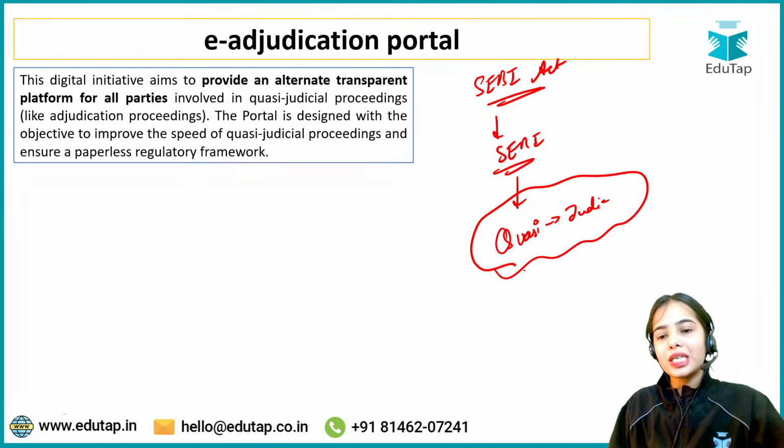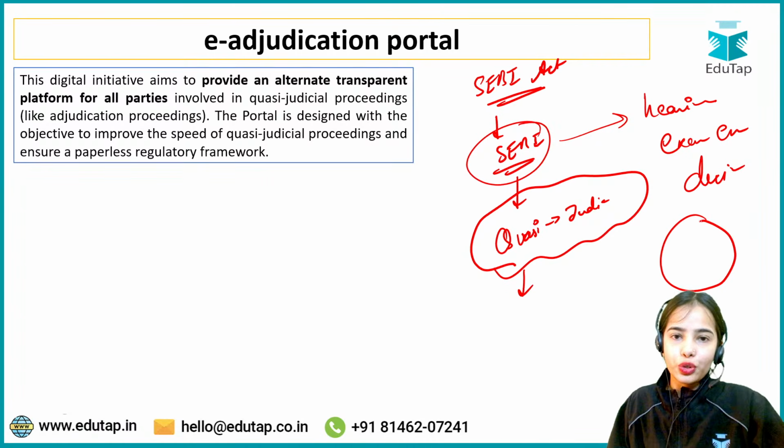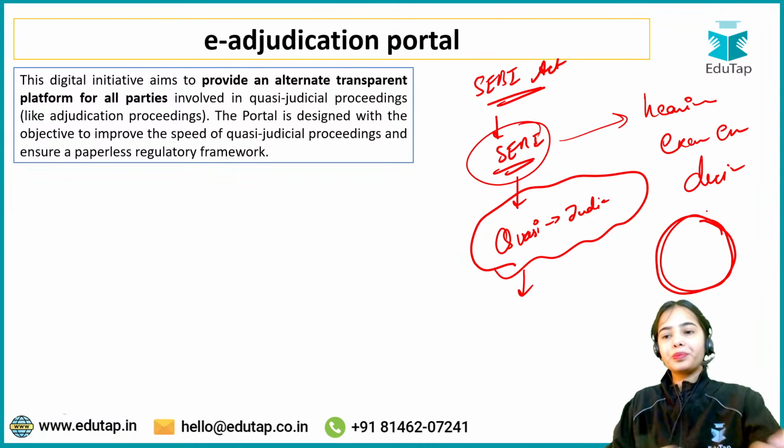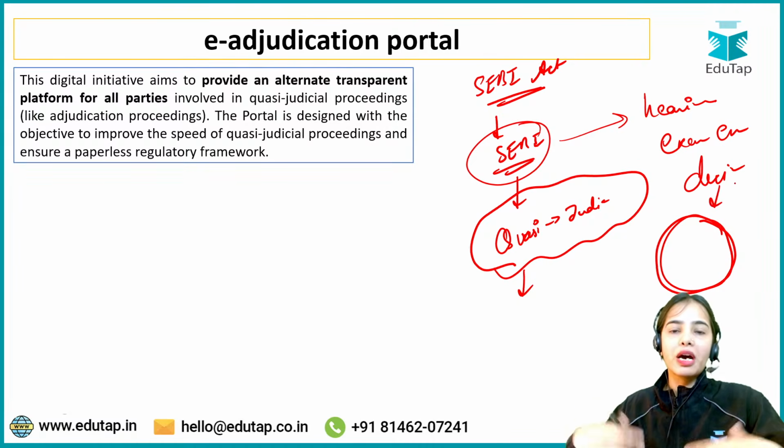Now quasi-judiciary is like the court, but SEBI here has the authority to do the hearings, to examine the evidence and to take decisions on specified issues that are related to the securities market or the capital market.